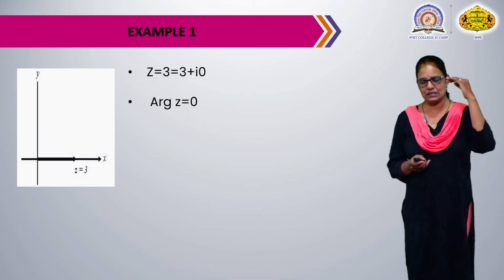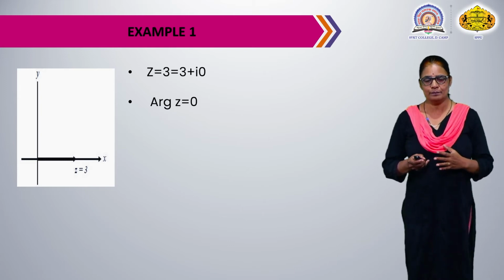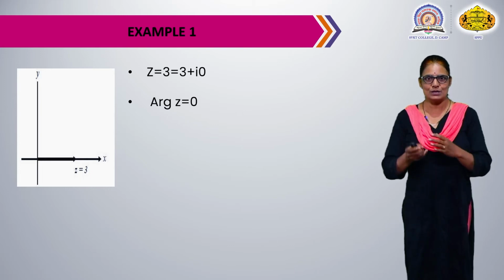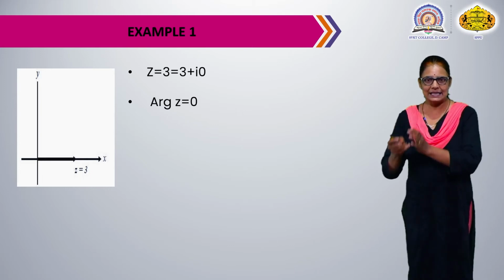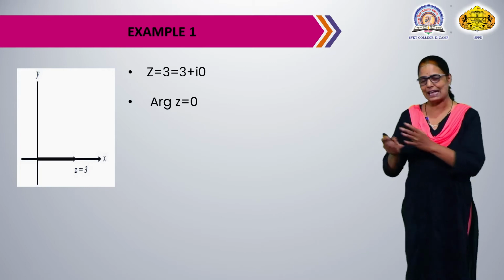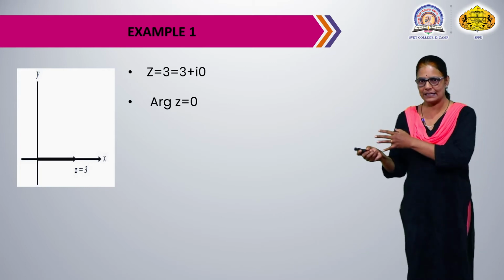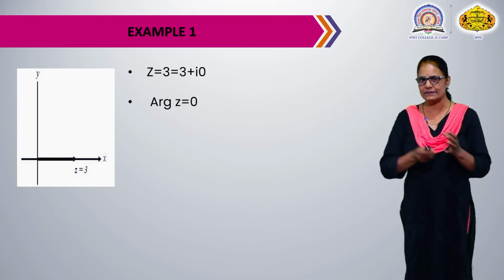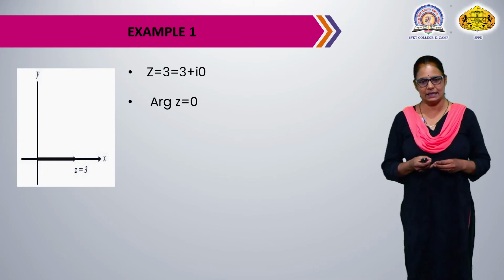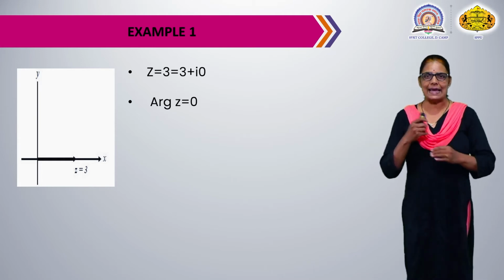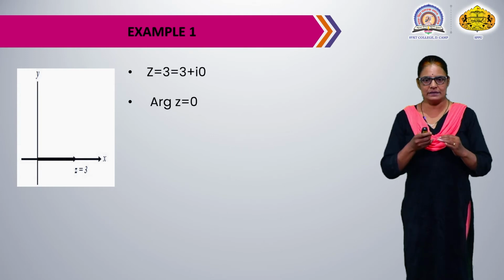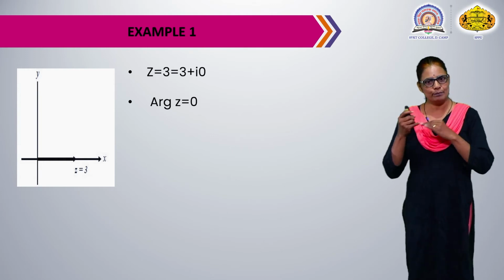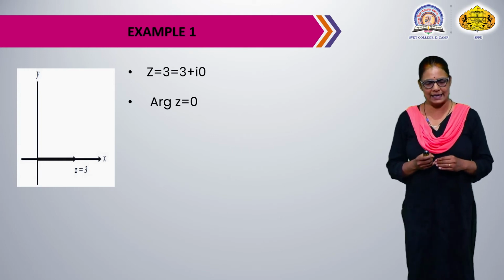The principal argument is the argument of the complex number such that minus pi is less than theta is less than or equal to pi. So it lies between minus 180 to plus 180, and it is not equal to minus 180 but can equal plus 180. It is the angle between the radius vector and the positive real axis.